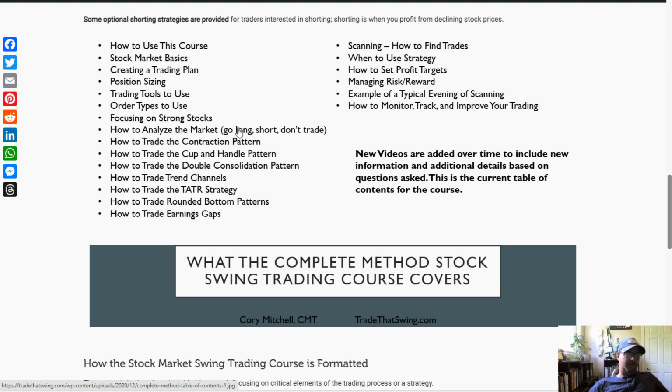And all of these, we're looking at risk reward as well. I discuss risk reward a little bit more in a future video, or in the course, but risk reward is also discussed in each one of these things to make sure that, if we take a trade, we can reasonably expect to make 3 times or more what we're risking.